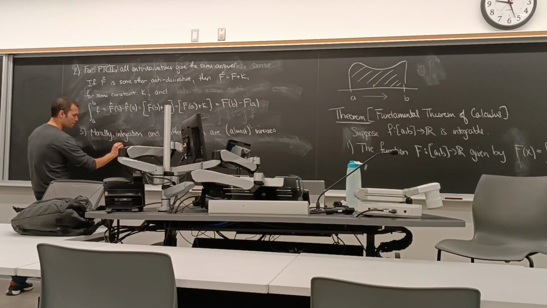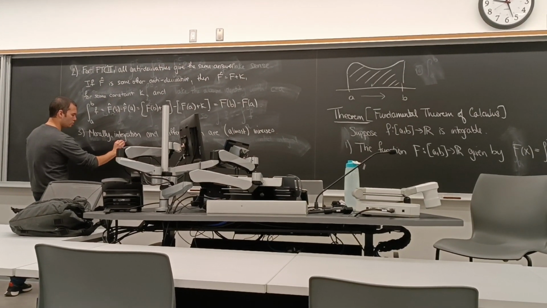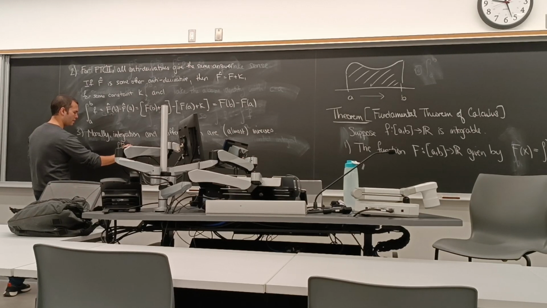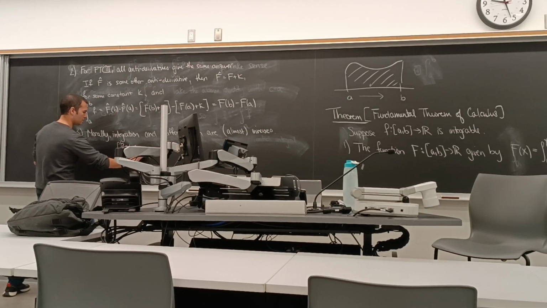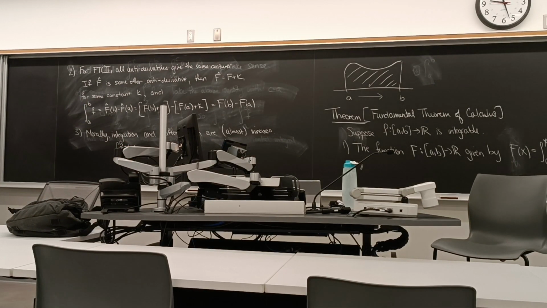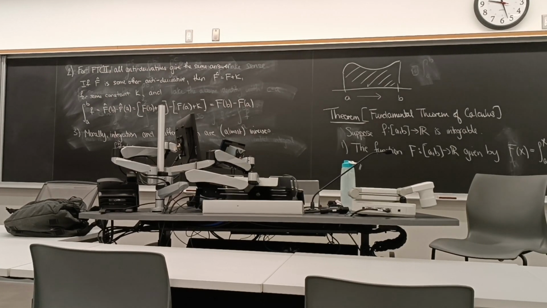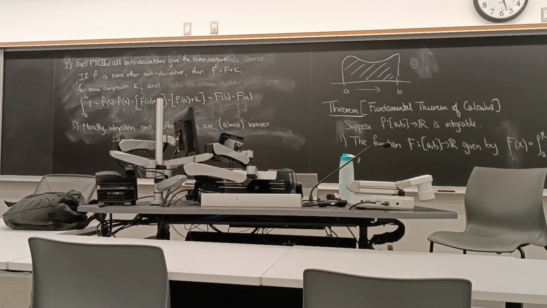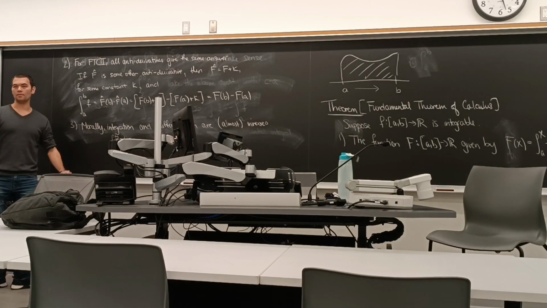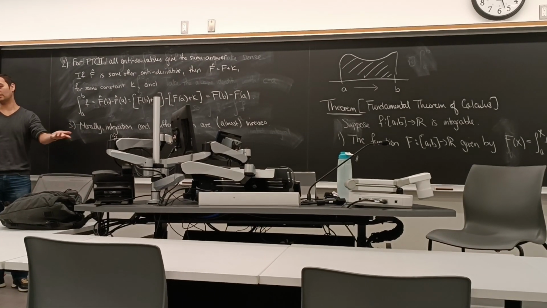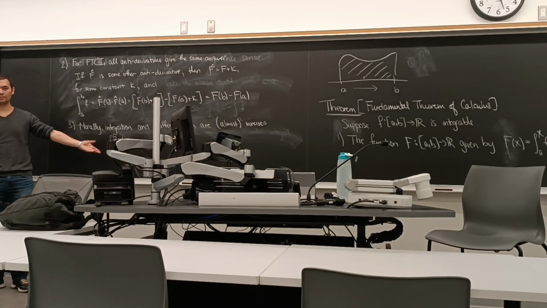So if I took the integral from a to b of f prime of x dx, then according to FTC2, if I wanted to evaluate this, I need to find an antiderivative of f prime. Well, there's an obvious antiderivative. What's an obvious antiderivative of f prime?